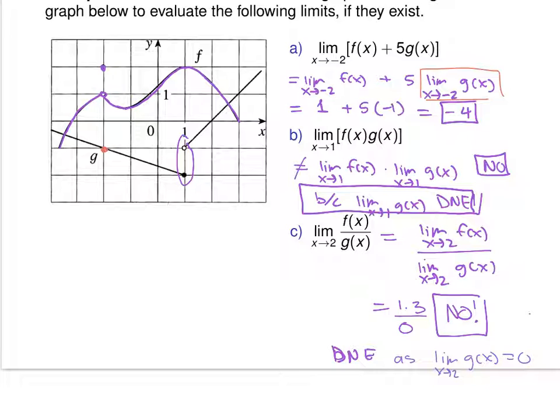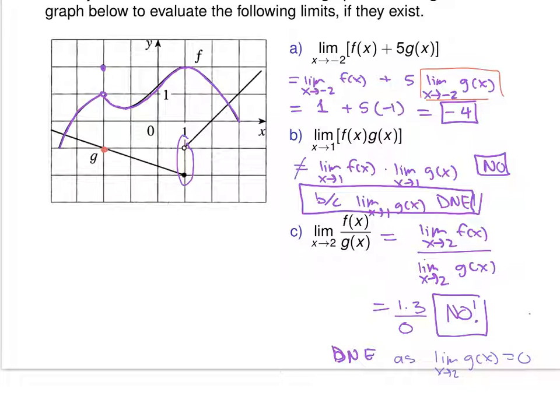You see what I mean by that? So the limit went to -1, which is the same thing you'd get if you plugged -2 in. Was that true with this one right here? Is the value of the limit equal to what you get when you plug in -2? No, so when you plug in -2, you get 2, right? Because that dot's filled in up there.